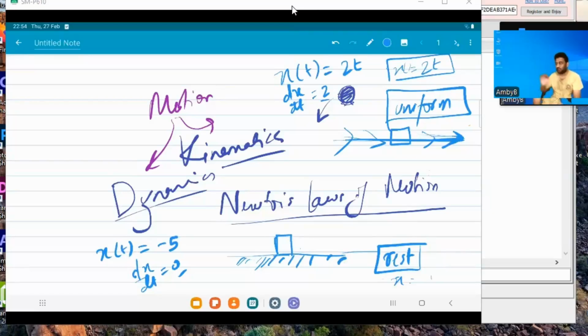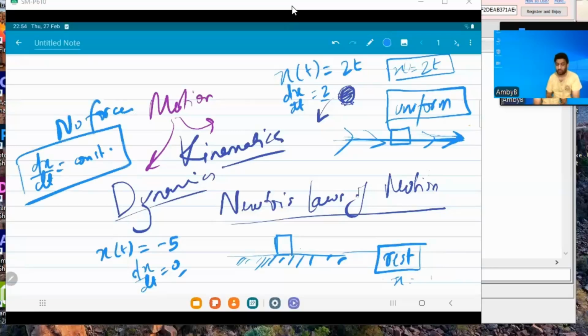In words, we can say that if it is at rest, it stays at rest, and if it is in uniform motion, it stays in uniform motion. But mathematically, or even physically speaking, in terms of the physical quantity velocity, we can directly give the mathematical statement: dx by dt is constant when there is no force.